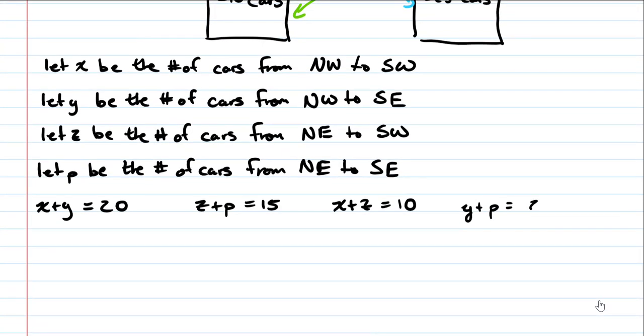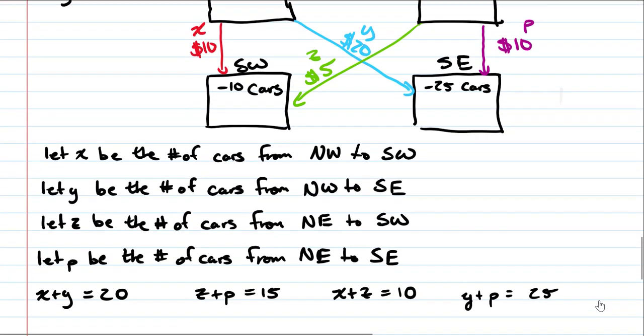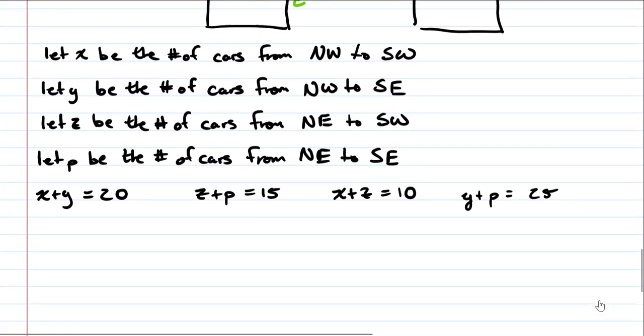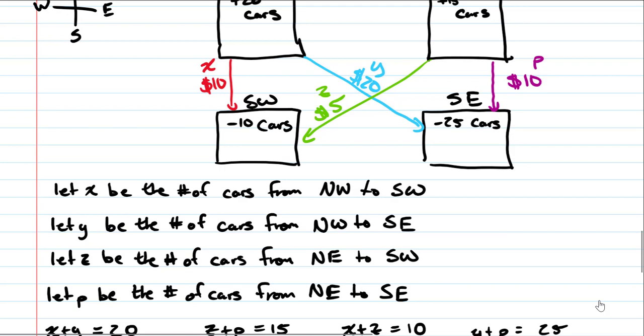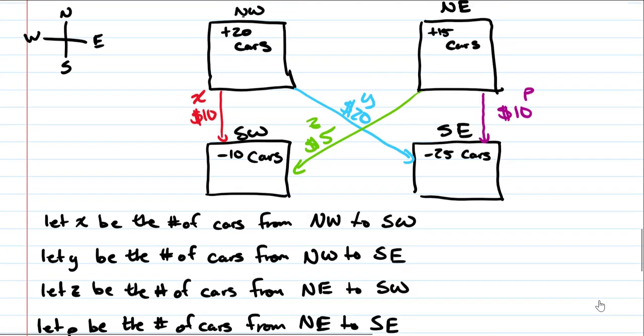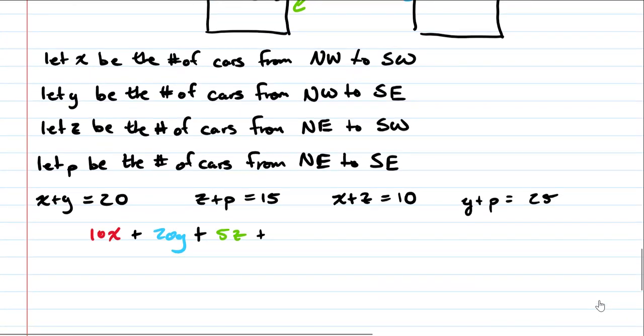25, right? Then we have one more equation, which involves the total cost. So the cost in red is $10 per car, so it's going to be 10x plus 20y plus, now our cost in green is 5z, plus our cost in purple, which is going to be 10p.